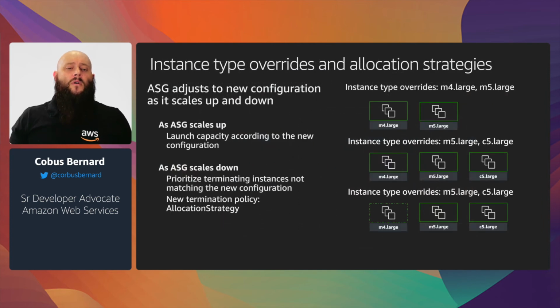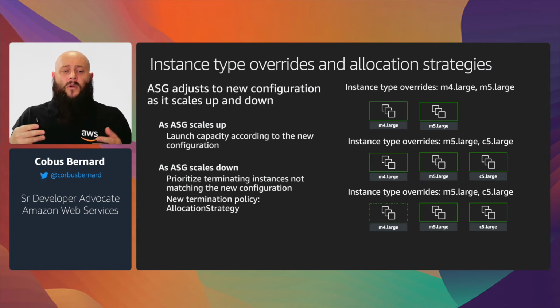So when you think of what instance types you want, you need to be able to specify the different allocation strategies that you apply. With auto-scaling groups, where this becomes super interesting is that when you scale up, you can use this new configuration to decide what instance types you want to spin up. Because remember, we're going to be blending different instance family types, and we're going to dig into it in a bit more detail in the next few minutes.